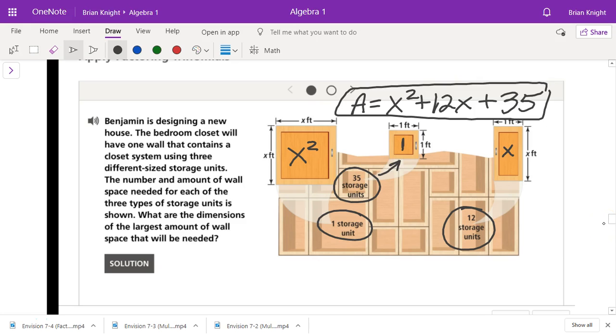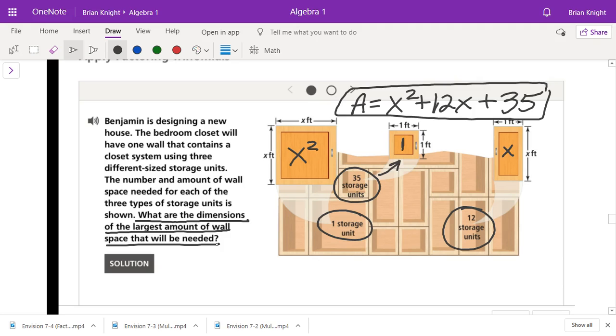Now, we're not done with part A yet. Okay? It says, what are the dimensions of the wall space that will be needed? So basically, the dimensions are the base and the height, right? Well, what did we do to the base and the height to get area? We multiply. So we've already multiplied it.